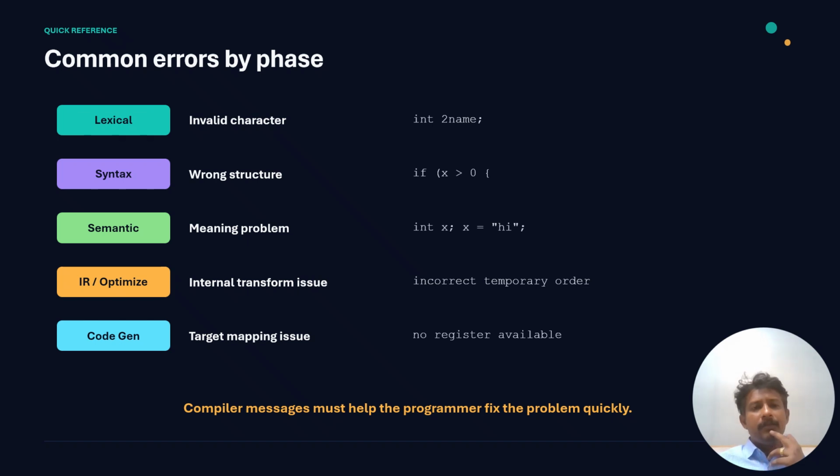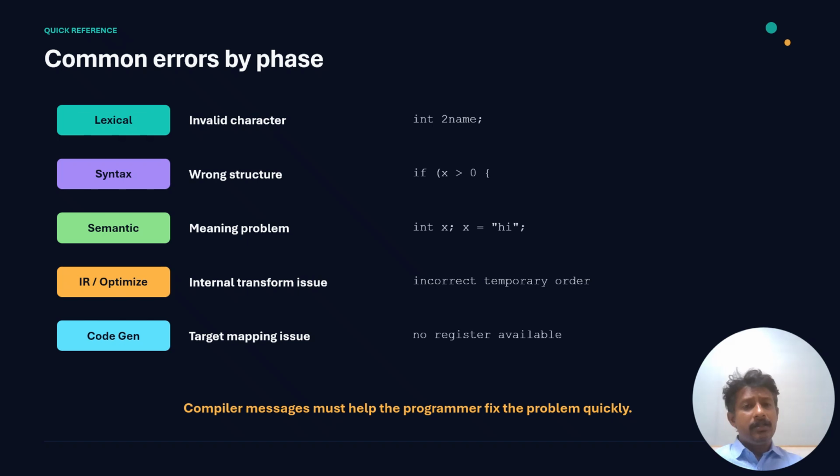Okay. And these are common errors in the phases. This slide shows the common errors in the phases. Let us see one by one. Lexical analysis errors may be illegal characters or invalid tokens. Okay, in syntax analysis, the error is related to grammar. For example, missing brackets, missing semicolons, or wrong statement structure are syntax errors.